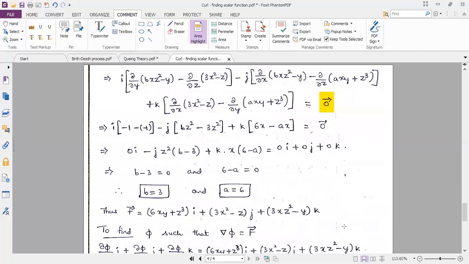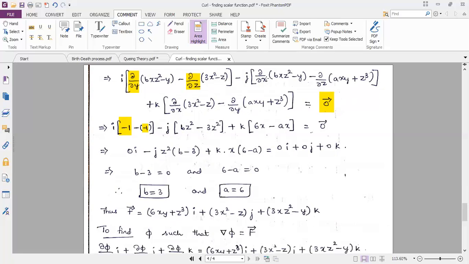Now let us do the partial differentiation with respect to y first. Dou y: differentiation of bxz square with respect to y is 0, minus y differentiation is minus 1, minus 3x square differentiation goes to 0 when we differentiate partially with respect to z. So differentiation of minus z is minus 1.